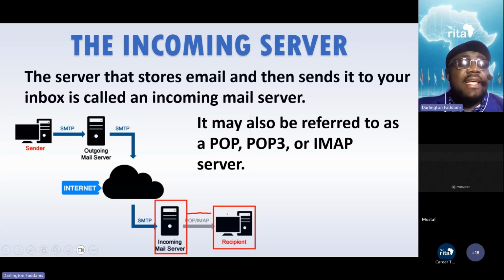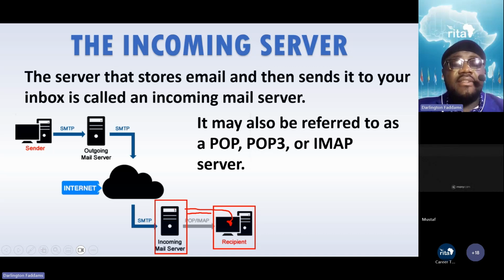So what happens is that anytime you receive a mail, the mail is actually stored on your incoming server. And your mail client, or you, the recipient, you go to your incoming server to retrieve the mail onto your email client or the device or the application you are using. We'll talk more about that. This is where the second process takes place.